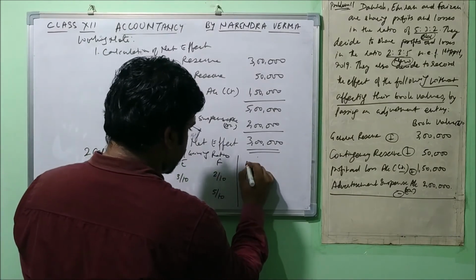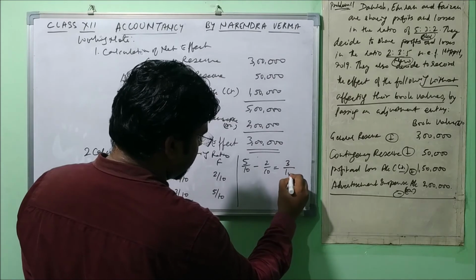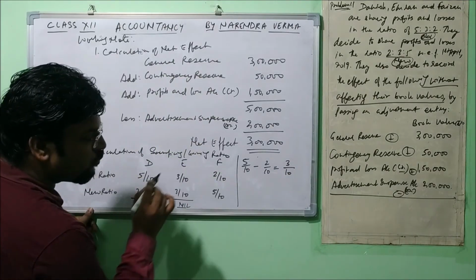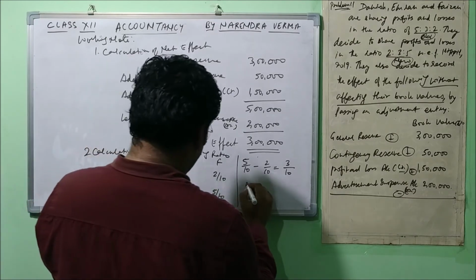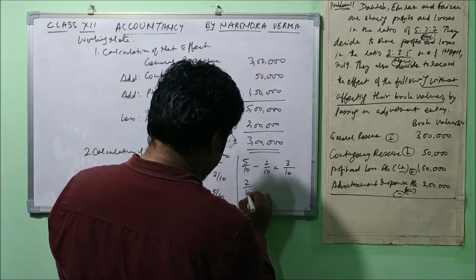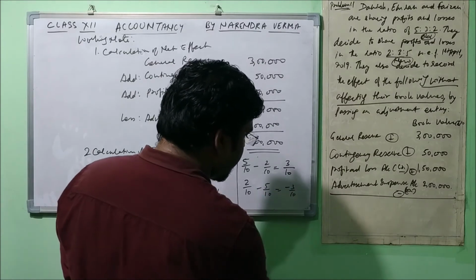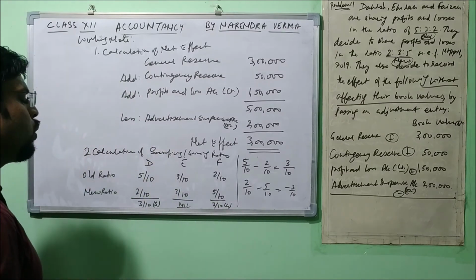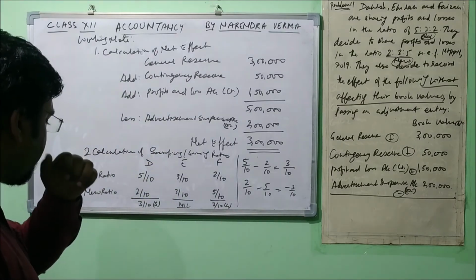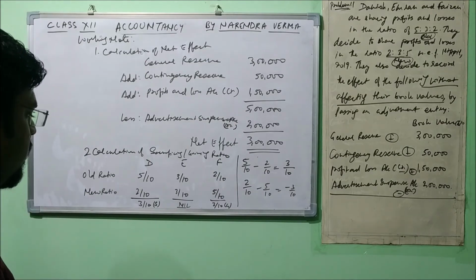For Danish first, as the bases are equal, we can directly deduct it. It is 3 by 10. 3 by 10 of positive means that is the sacrificing share. Now similarly for Faizan we get 3 by 10 in negative. It means he gained. So Faizan is gaining 3 by 10 share and Danish is sacrificing 3 by 10.